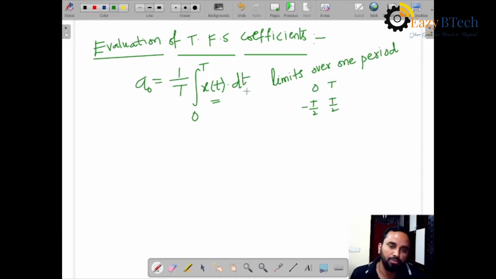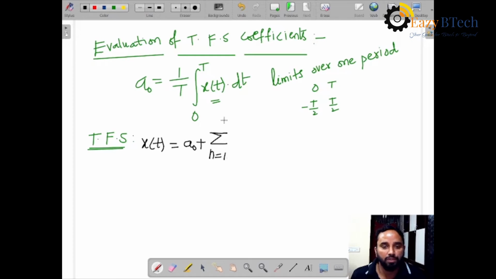Now, to do this derivation, let's take the trigonometric Fourier series. What is the trigonometric Fourier series? X of t, a periodic signal, is equal to a naught plus summation n is equal to 1 to infinity a n cos n omega naught t plus b n sin n omega naught t.